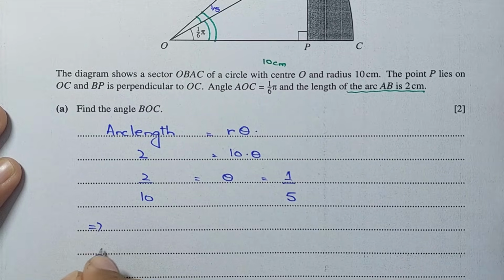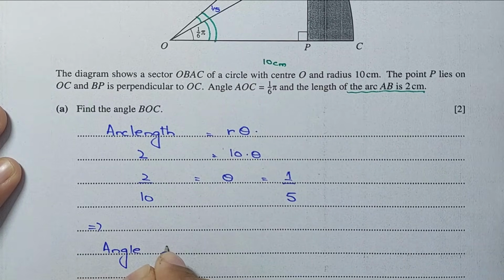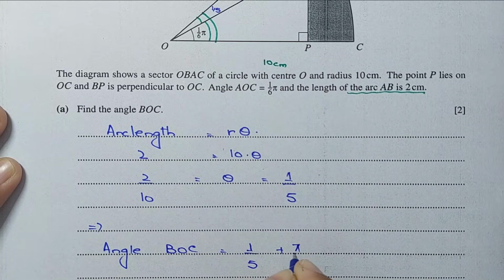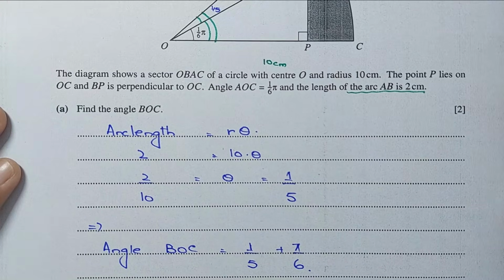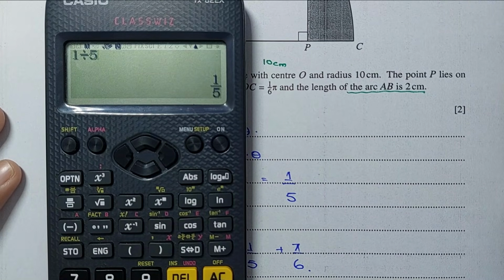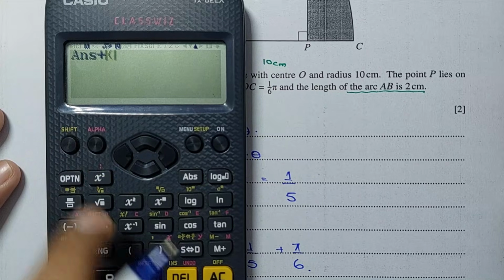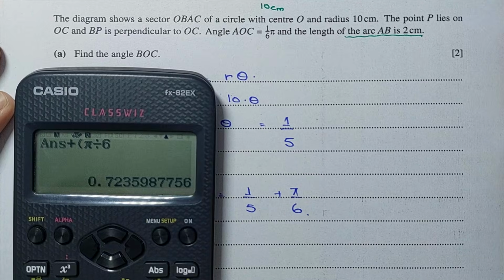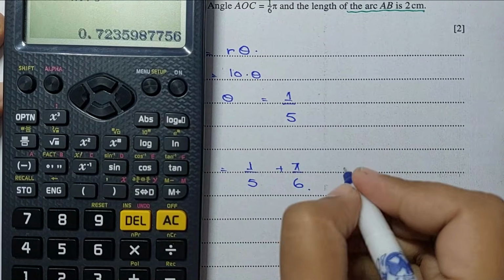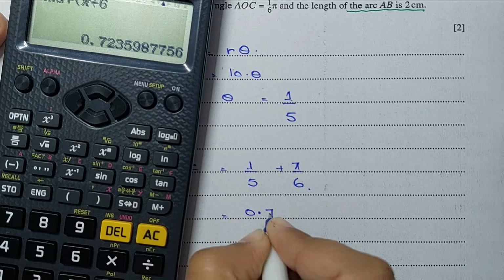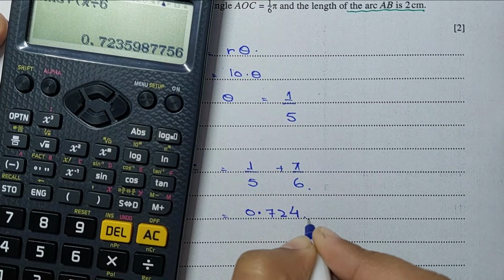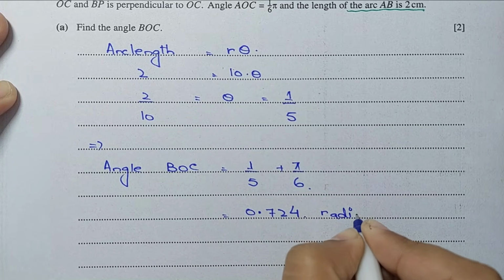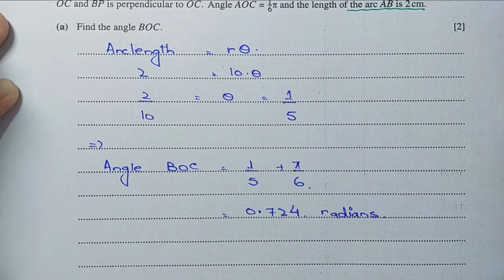This implies angle BOC is the sum of 1 over 5 and pi by 6 in radians, which is 0.724 up to 3 decimal places radians. This is the angle.